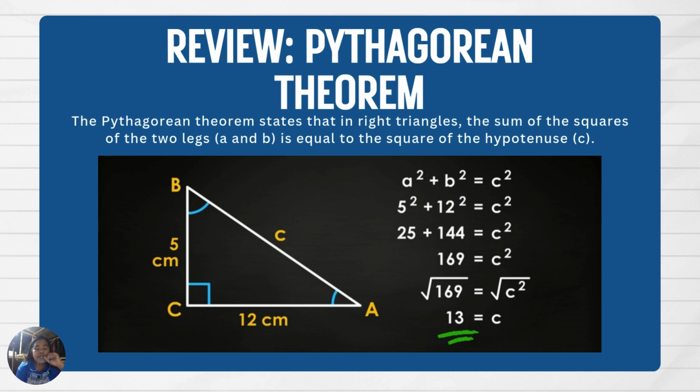So for us to get the measure of c, we have to put a square root because we have to eliminate the squared. So the square root of 169 is 13, so c is equal to 13.